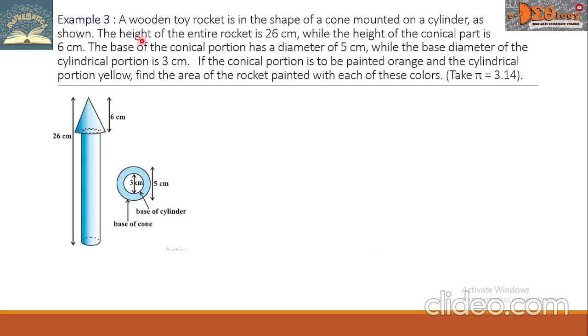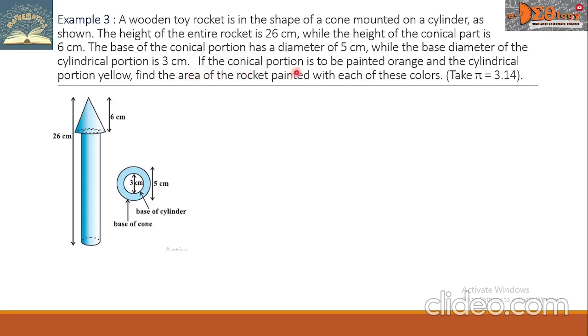Example 3. A wooden toy rocket is in the shape of a cone mounted on a cylinder, as shown. The height of the entire rocket is 26 centimeter, while the height of the conical part is 6 centimeter. The base of the conical portion has a diameter of 5 centimeter, while the base diameter of the cylindrical portion is 3 centimeter.